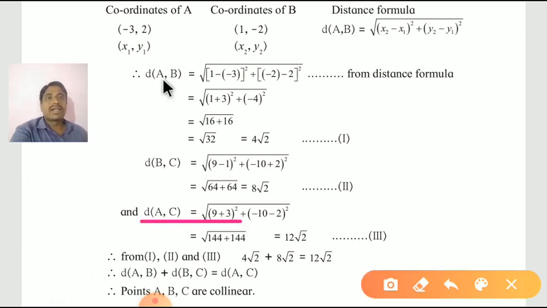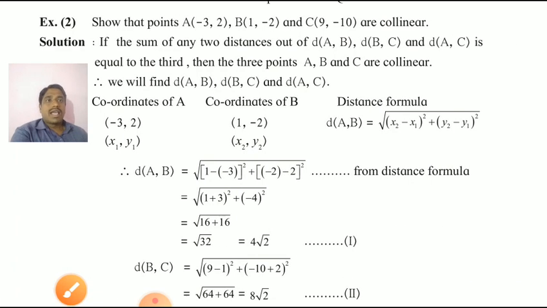Similarly, in this way we have to find the distance between A and C. First we consider the coordinates of A as (-3, 2), say x1, y1, and the coordinates of C as x2, y2.